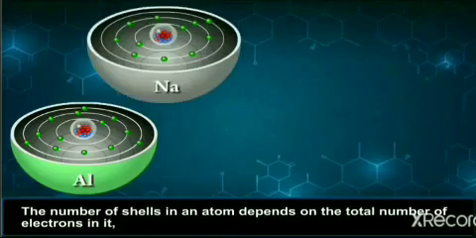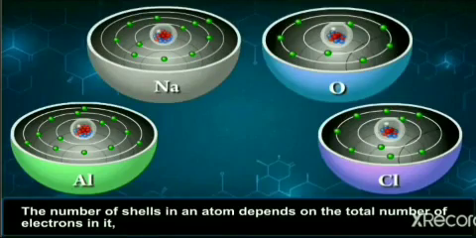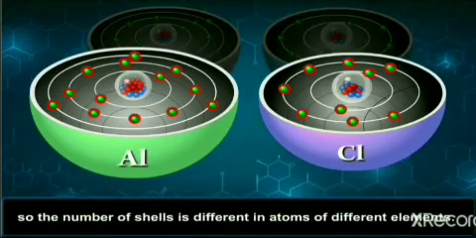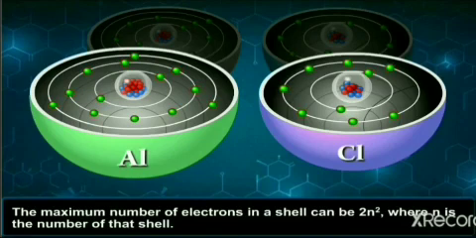The number of shells of an atom depends on the total number of electrons in it, so the number of shells is different in atoms of different elements. The maximum number of electrons in a shell can be 2n², where n is the number of that shell.